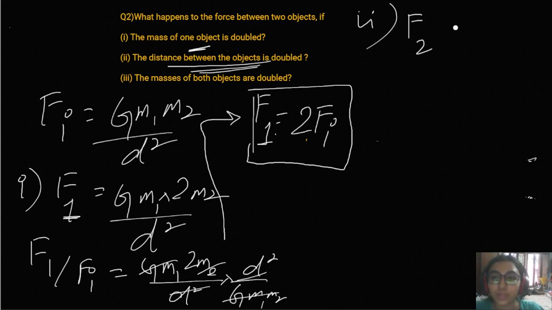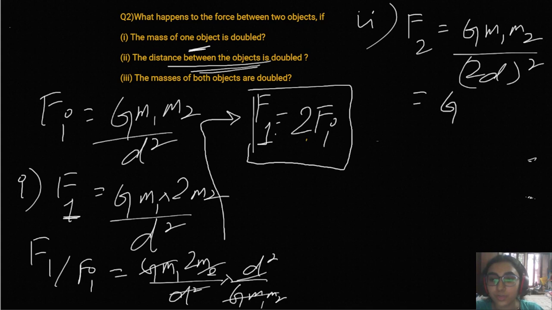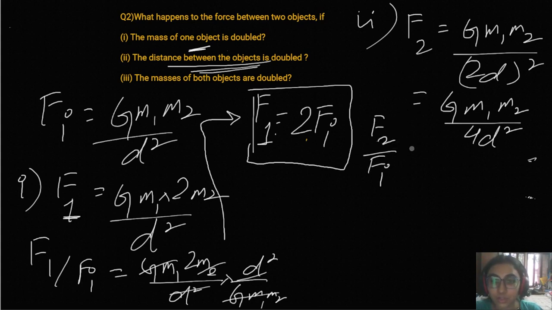So f2 we can write as G m1 m2 by (2d) whole square, which will be G m1 m2 by 4d square. So again when we divide f2 by f initial, all these values are going to be struck off, and what will remain, if I just divide it by fi, is 1 by 4, right?